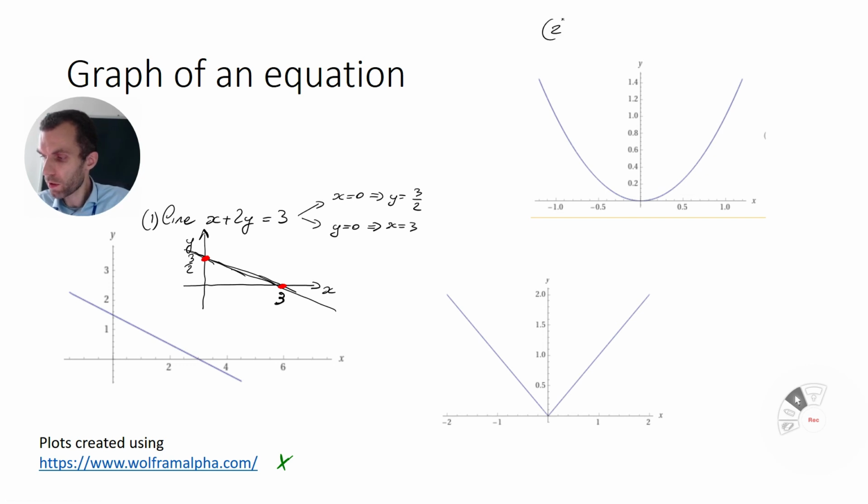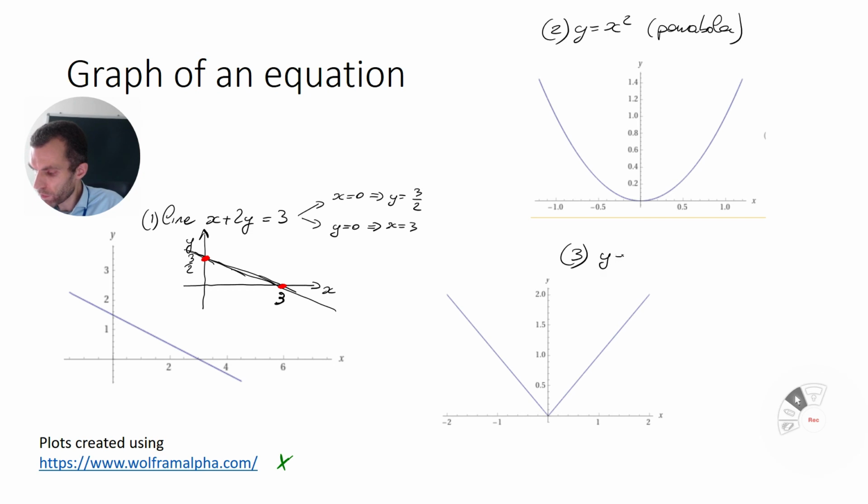So the second equation that's listed here is y is equal to x squared. This is a parabola. And then the last graph here is the graph of y is the absolute value of x. And this is an interesting one because you can see you have this corner here. So graphs don't necessarily have to be smooth. They can have corners and things.